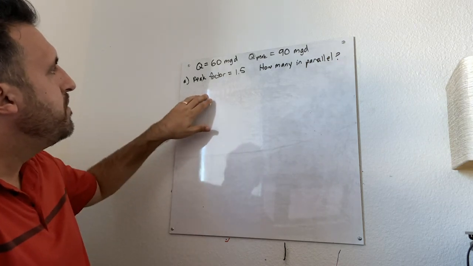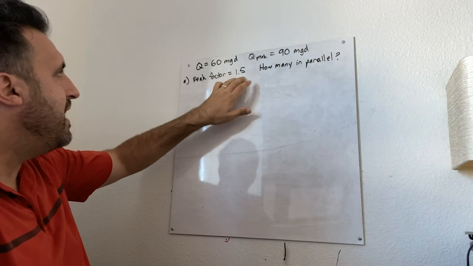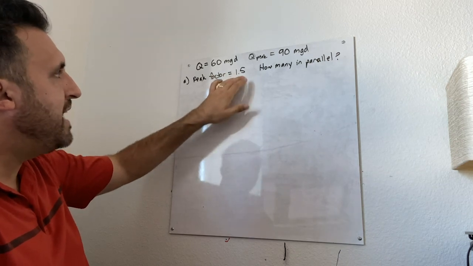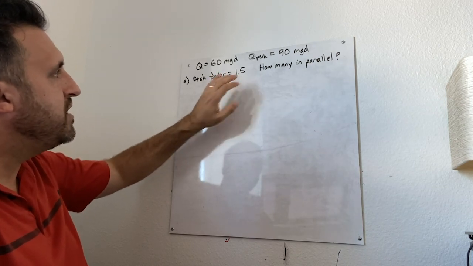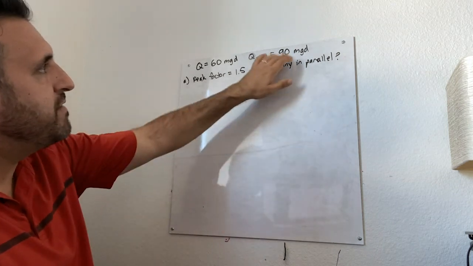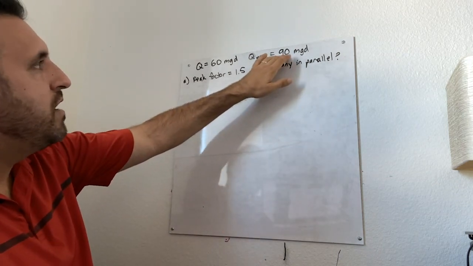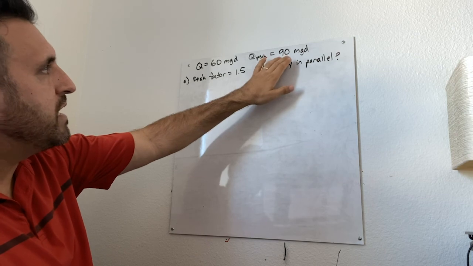And so with a peaking factor of 1.5, we can kind of divide that by 3, so that you can imagine if we have a flow rate of 90 million gallons per day, we've got all 3 filters running in parallel.